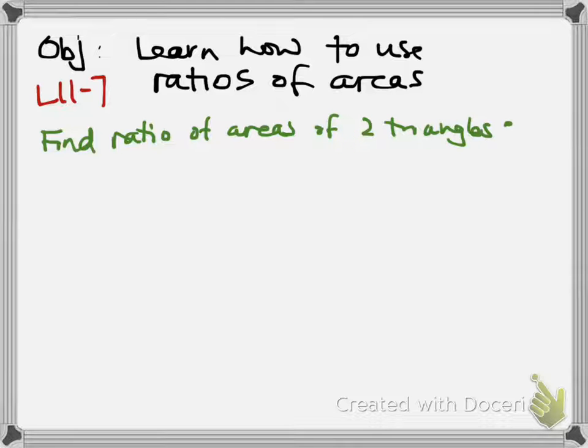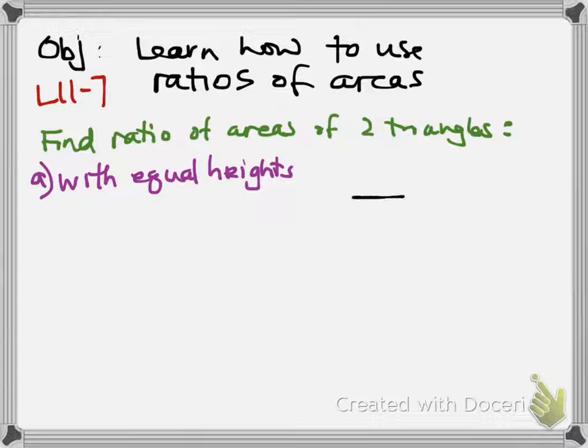Now, in each one of these cases, I'm going to give you different pieces of information, okay? So let's say what I tell you is that you have equal heights. So let me draw two triangles that have equal heights.